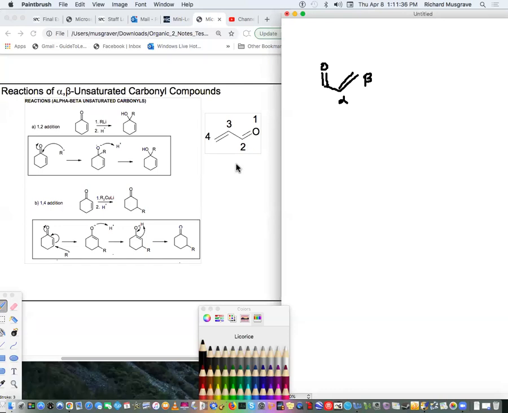So let's look at 1,2 addition first. Now, in this instance, what we're using is what's called an alkyl lithium compound. Now, an alkyl lithium compound, an example would be, let me show the example here. I put RLi, but the R can represent anything if you remember.